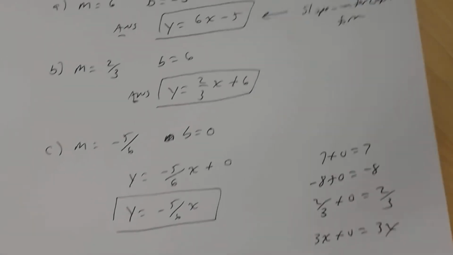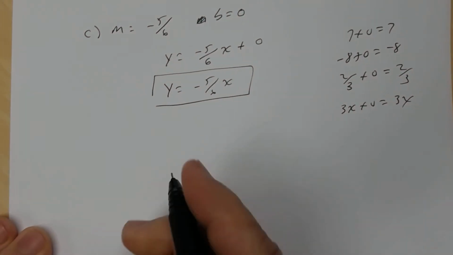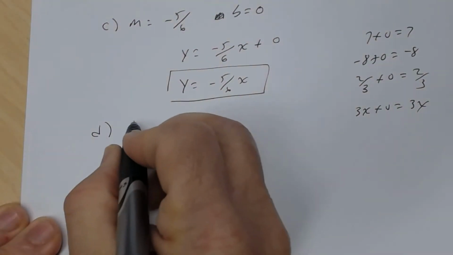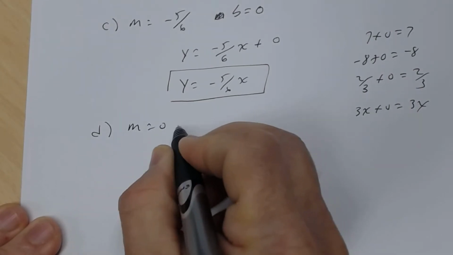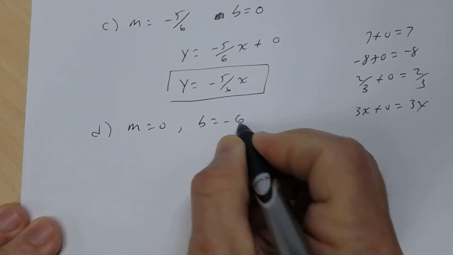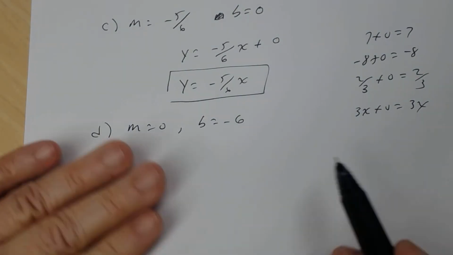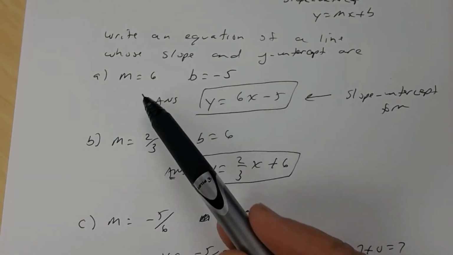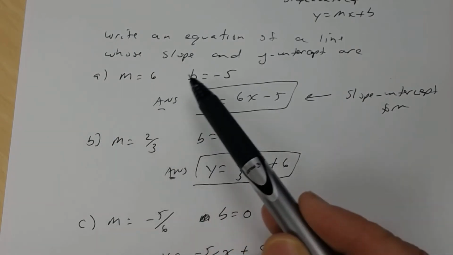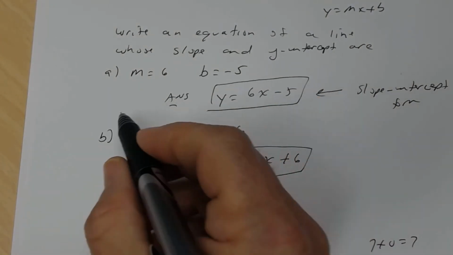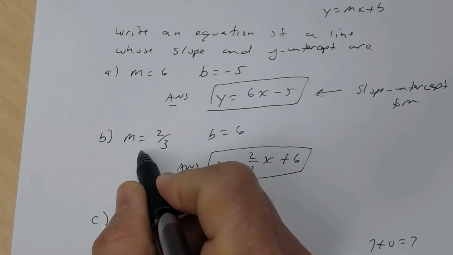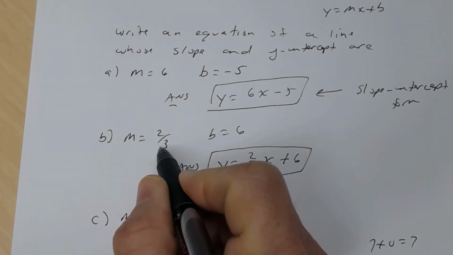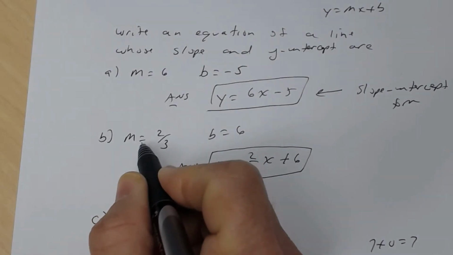All right, D. Okay, so part D, suppose we had this. Suppose we had the slope is 0 and the y-intercept is -6. Now, before we go on to this one, I want you to notice. Remember the slope is +6, so your line's rising. Here, the slope is +2/3, so your line is rising.